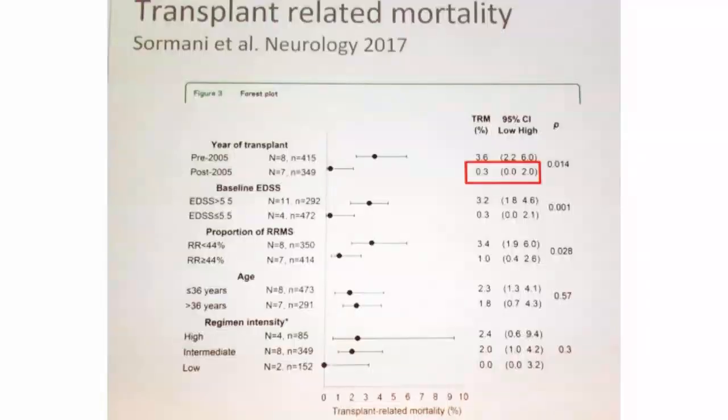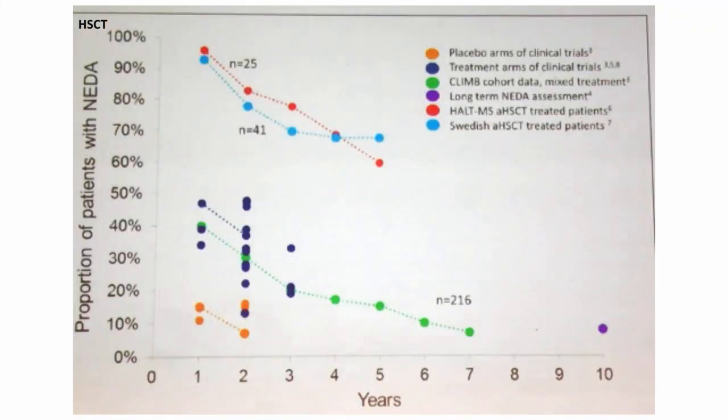So one of the opening slides in the presentation, which we're going to show, was how does HSCT do in terms of NEDA? So NEDA response, as you can see in this picture, is that the red lines show a much greater NEDA response compared to the classical clinical trials, which are the blue dots.